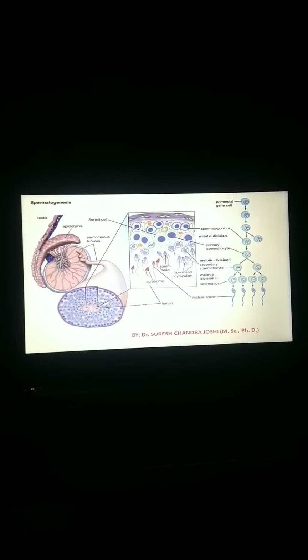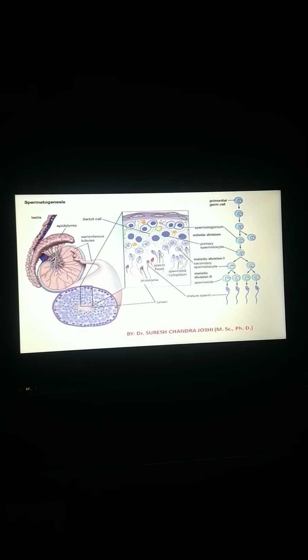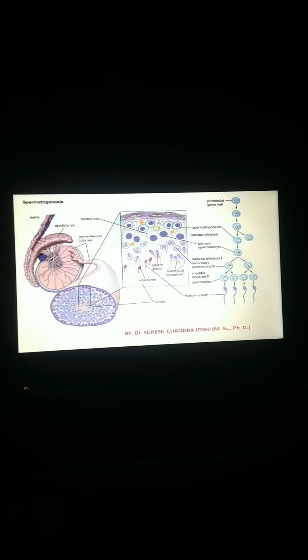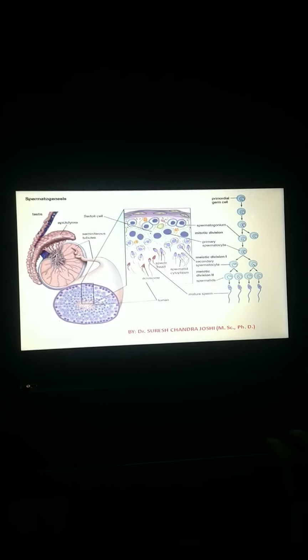This is the spermatogenesis process in the testes, with Sertoli cells. Another process is mitotic division, leading to mature sperm. First, formation of spermatids from the cells of the germinal epithelium as a result of mitotic division, and second, metamorphosis of spermatids into spermatozoa.